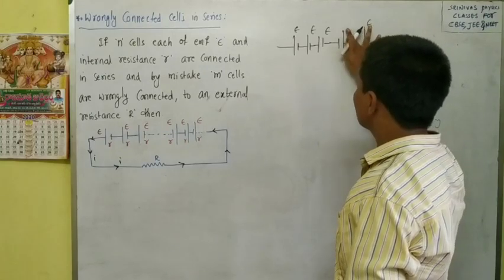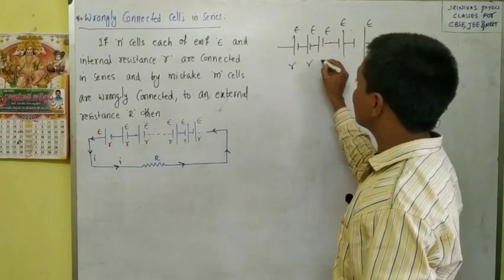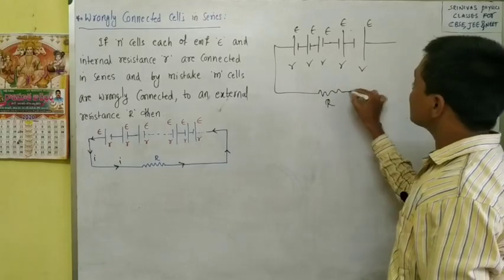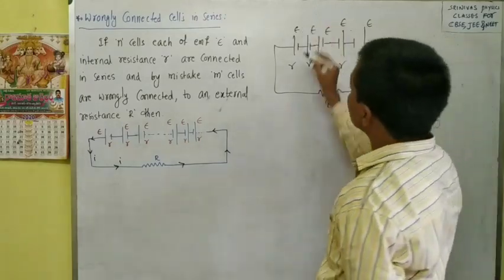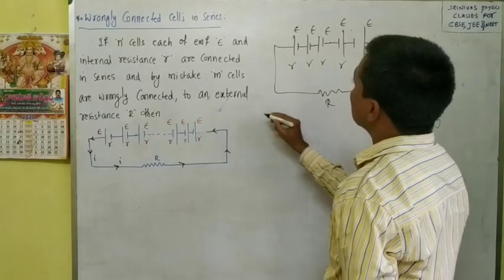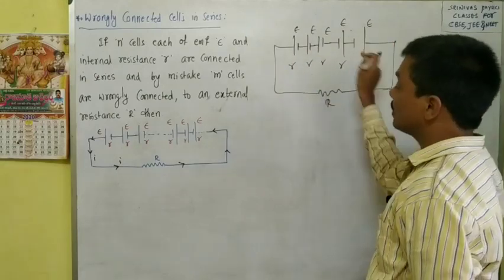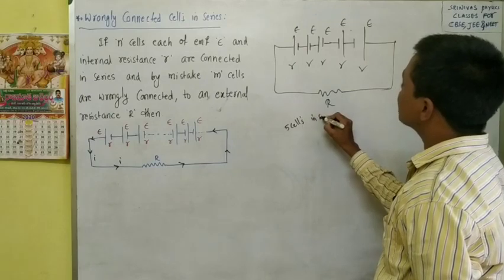There are how many cells? 5 cells. All are identical. Now what is the effective EMF in this case? Total 5 cells are in series, end to end, 5 cells in series.